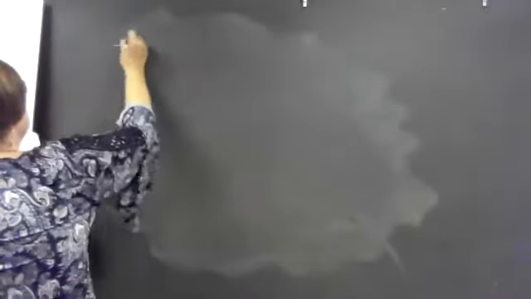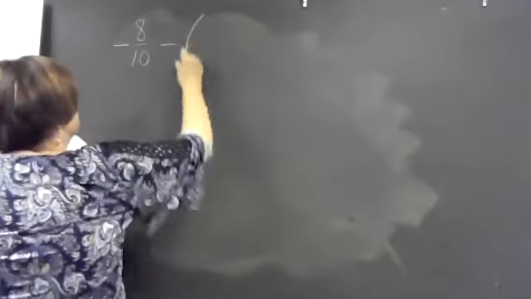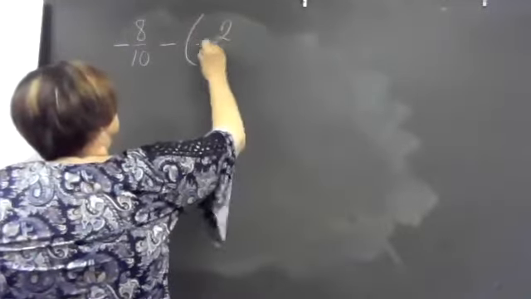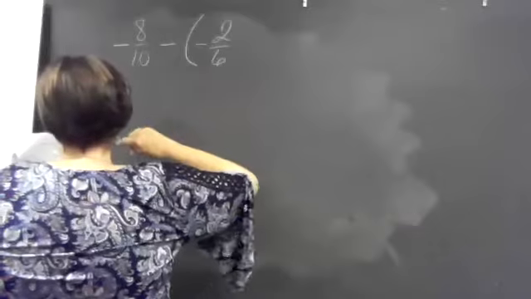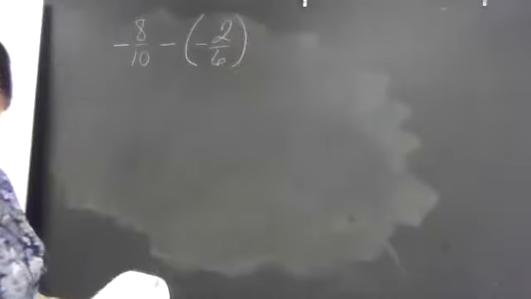Okay, so 4B says -8/10 minus a negative 2/6. I think I wrote that. Yes. We want to work this problem now.